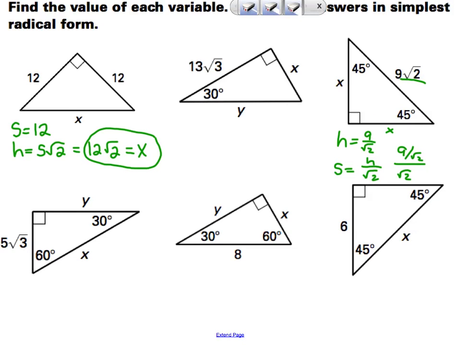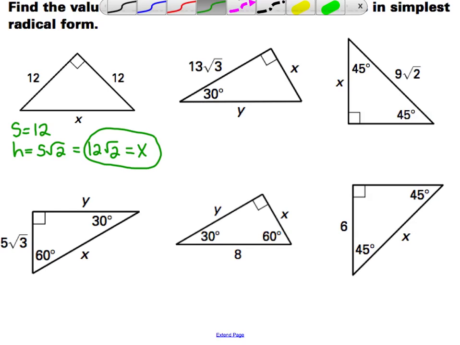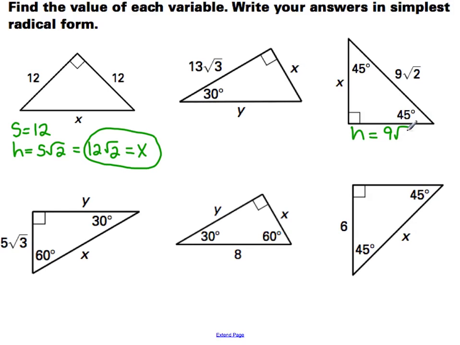Let me erase this. Let me just try this one more time here. I'll use green again. If I know that my hypotenuse equals 9 times the square root of 2, my short leg is equal to the hypotenuse divided by the square root of 2. So when I substitute this in, this is 9 square root of 2 divided by the square root of 2. These guys cancel. And my short leg, or x, just equals 9.